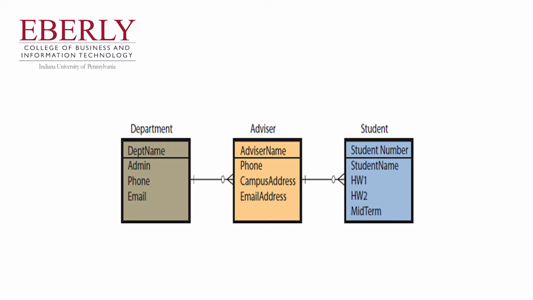Therefore, in Figure 5.21, a department is not required to have a relationship to any advisor, but an advisor is required to belong to a department. Similarly, an advisor is not required to have a relationship to a student, but a student is required to have a relationship to an advisor. Also, note that the maximum cardinalities in Figure 5.21 have been changed so that both are one-to-many.